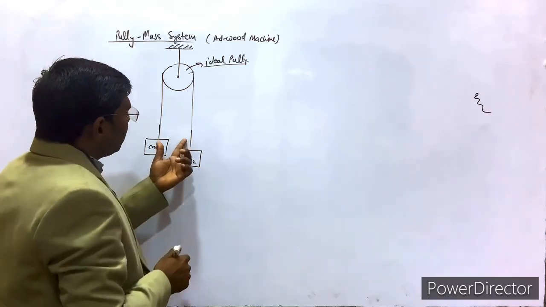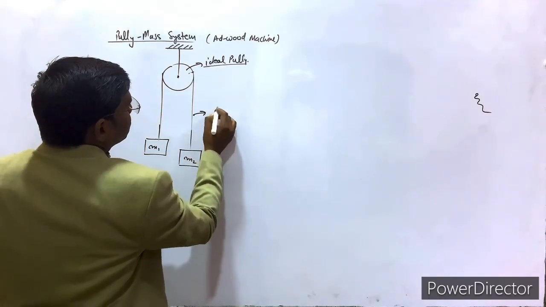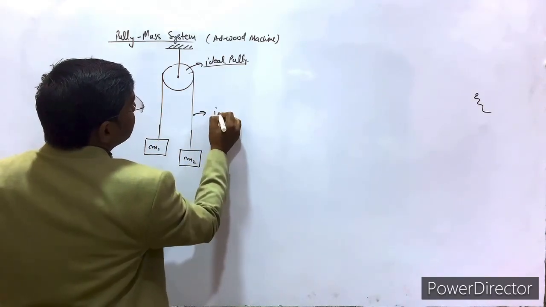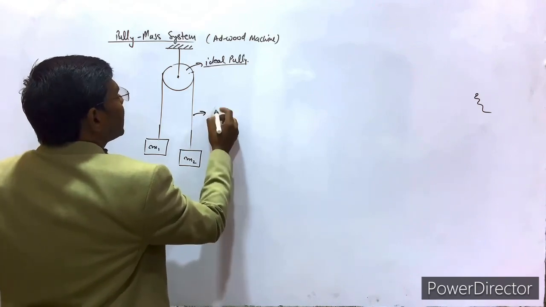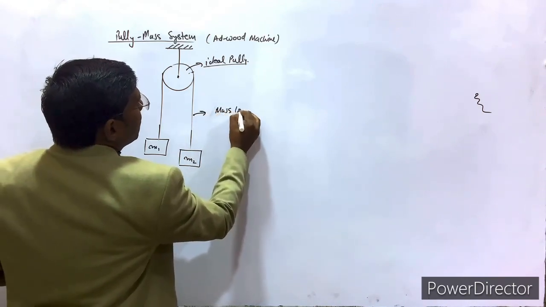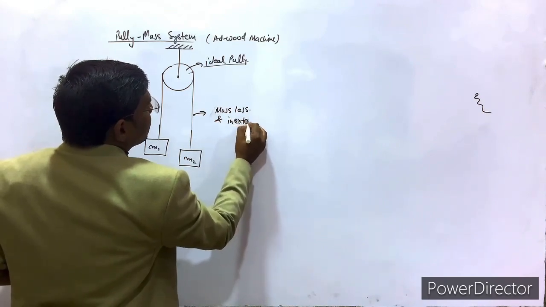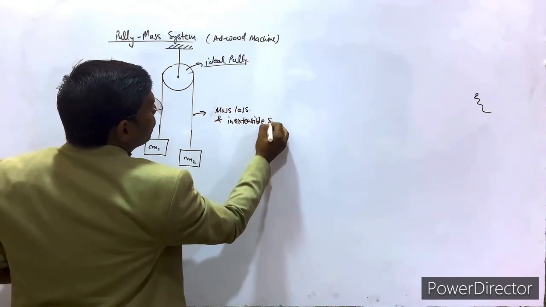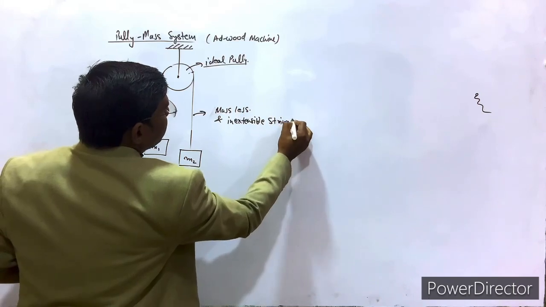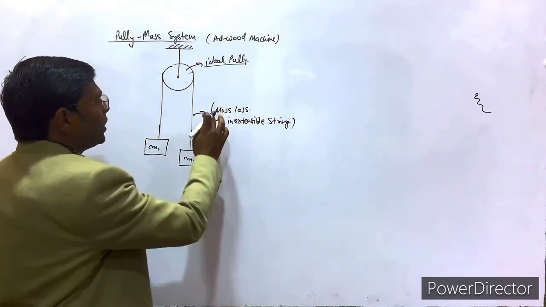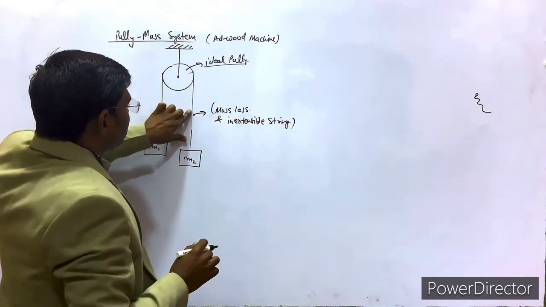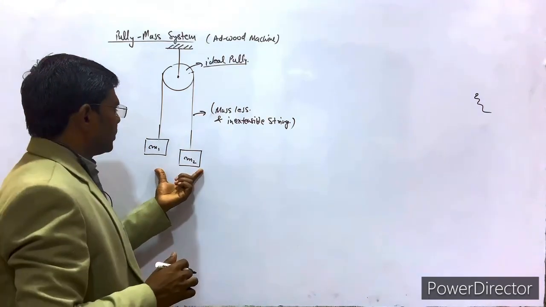And this string is an ideal string, which is massless and inextensible. So these are the two assumptions in developing the theory of this pulley-mass system.